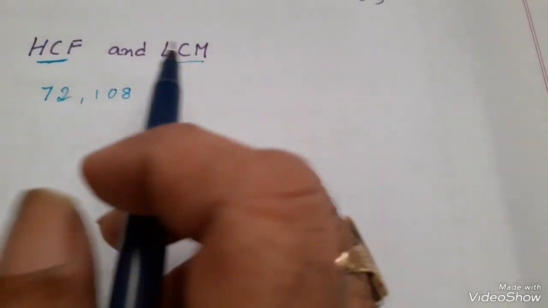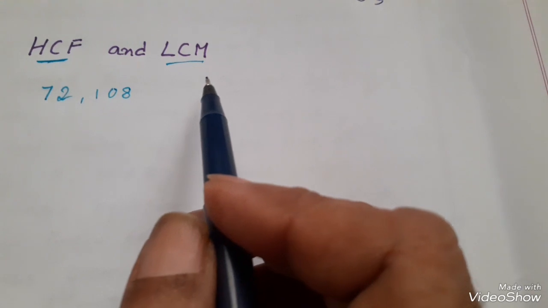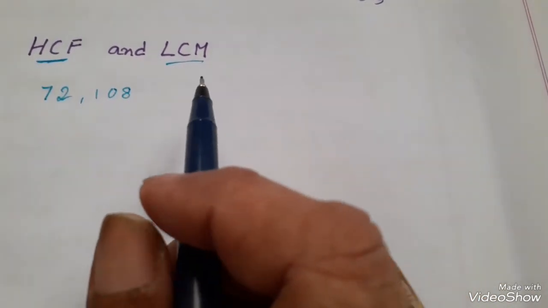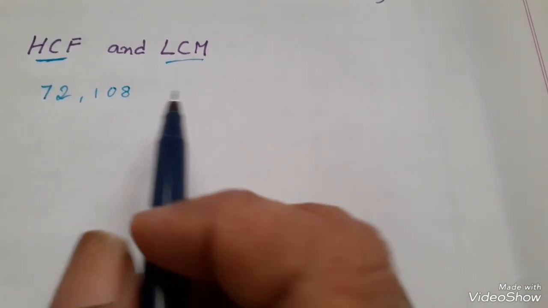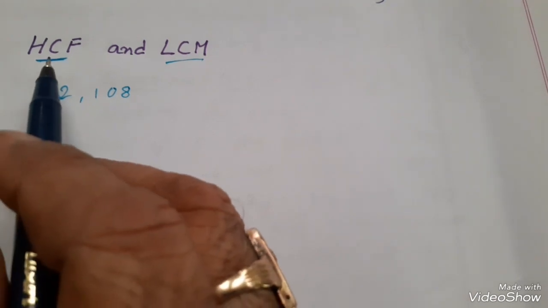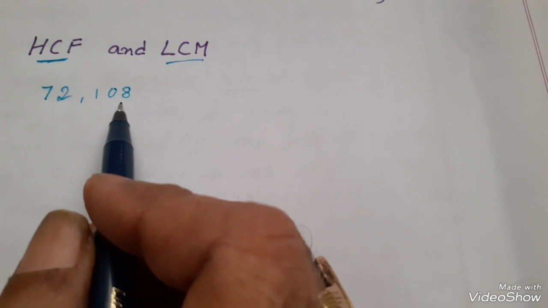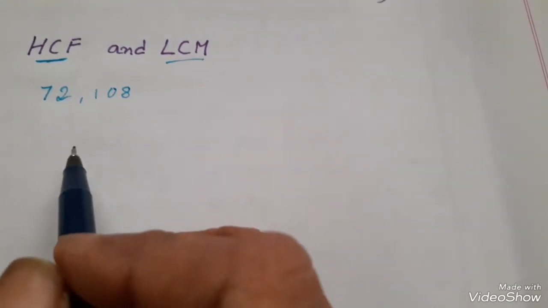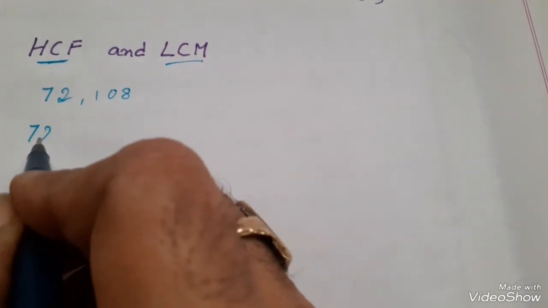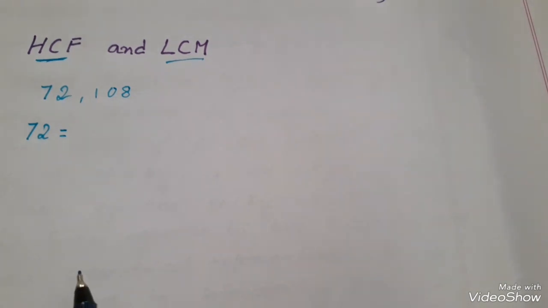There are three methods to find them: the prime factorization method, the division method, and writing factors or multiples. First let us see how we can find HCF and LCM of 72 and 108 by the prime factorization method. Look here. First you write 72 as a product of prime factors.